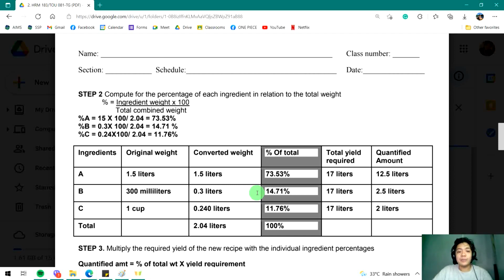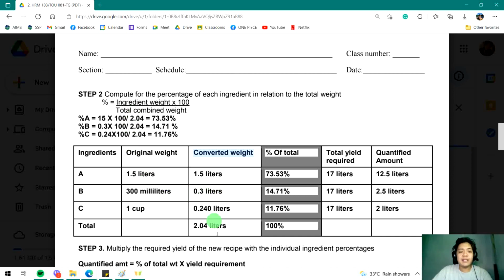Next na is step 2. Step 2, compute for the percentage of each ingredient in relation to the total weight. So what we're going to do is to multiply these converted weights first times 100 para makuha natin ang percentage value niya.